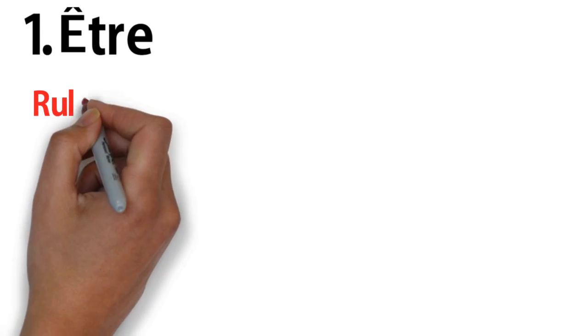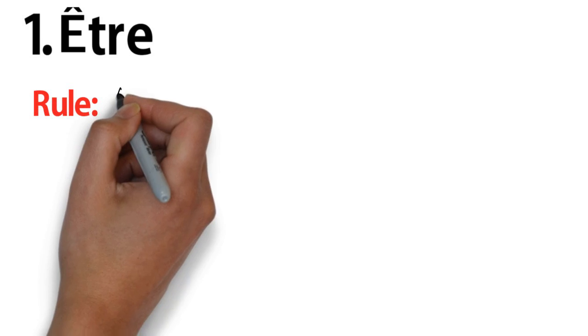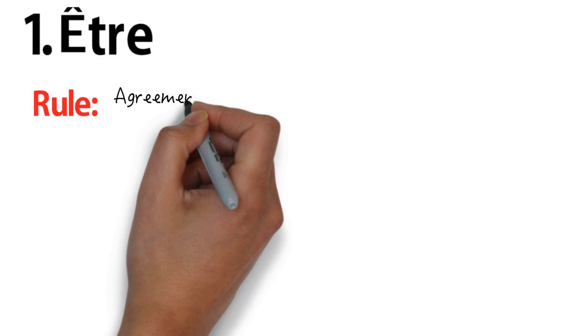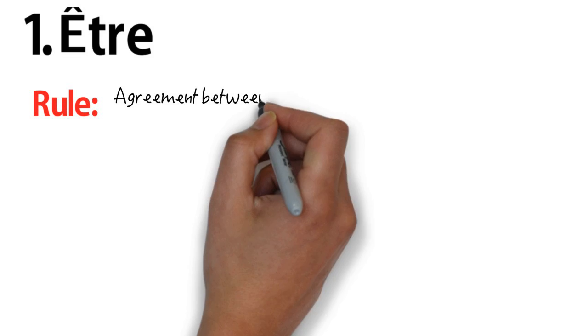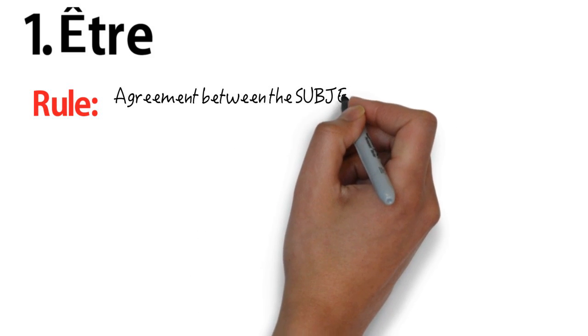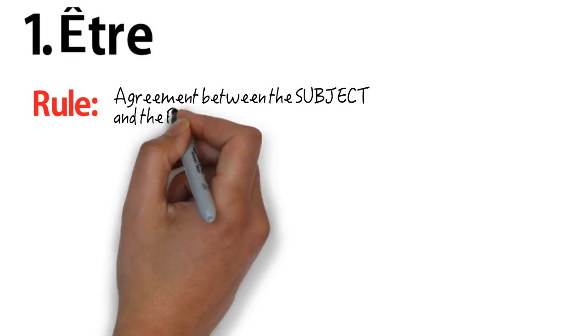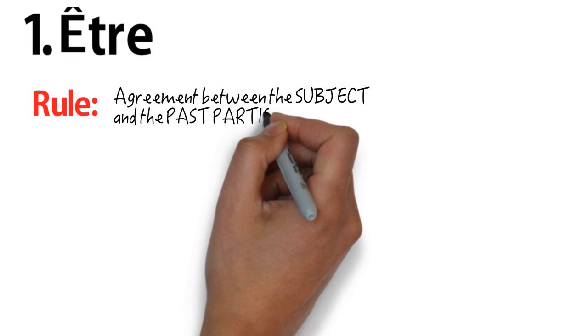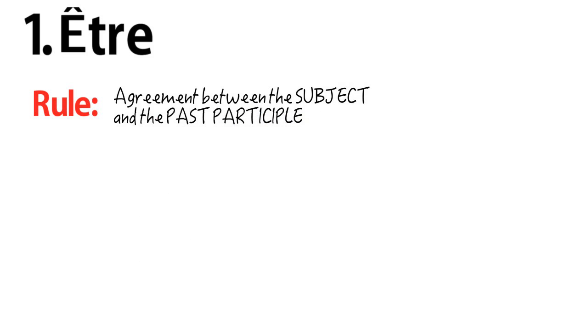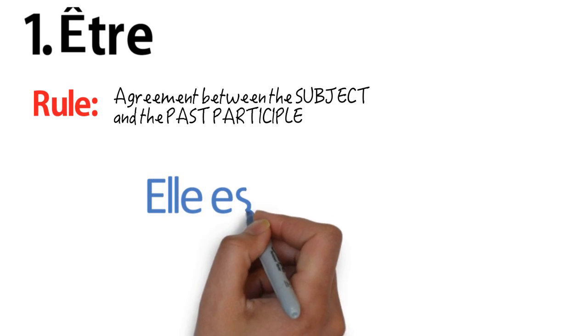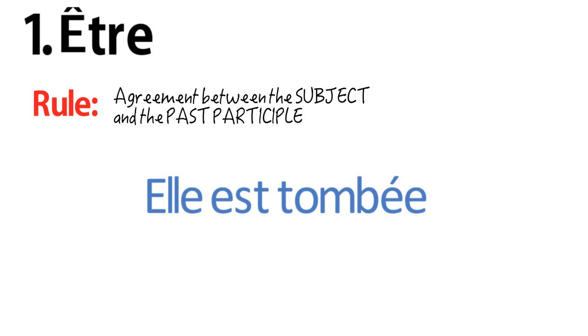The first part is not difficult to understand, because the rule with the verb être for the past tense is that there is an agreement between the subject of your sentence and the past participle. Subject, past participle. An example, elle est tombée.